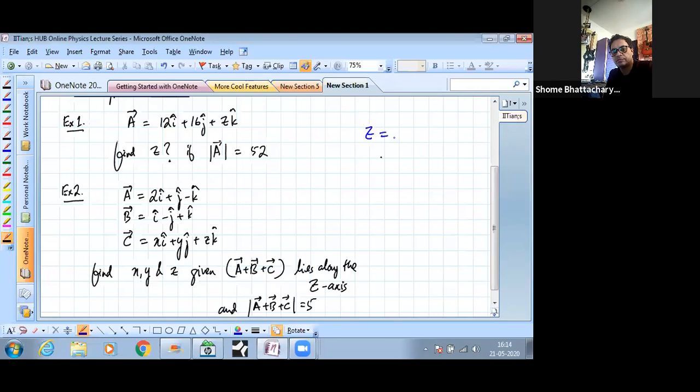z should be equal to 48. Because the magnitude of E is the square root of x squared plus y squared plus z squared.